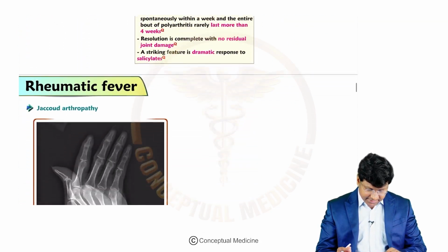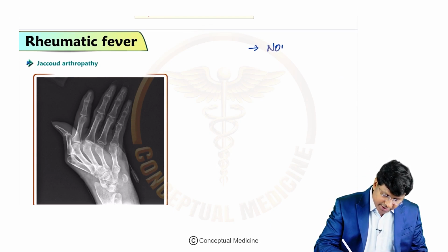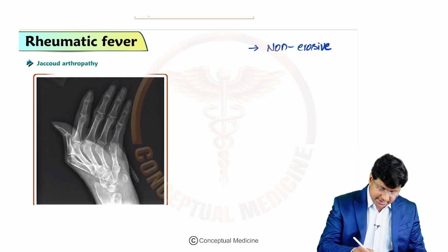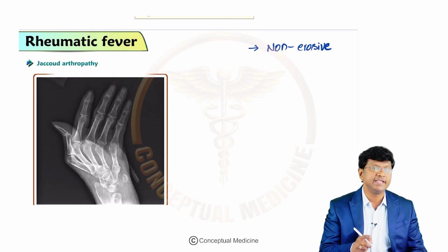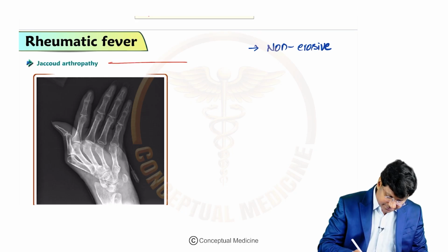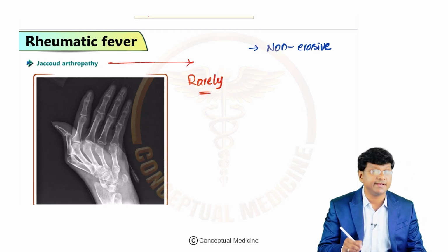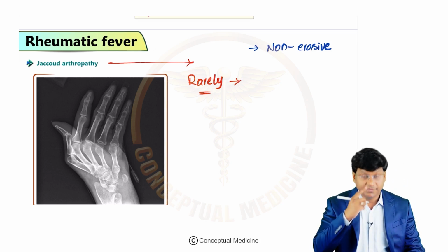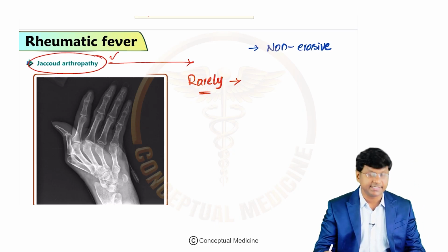And the arthritis what you will have in rheumatic fever is non-erosive arthritis, but rarely the deformity can happen, and that particular deformity we call the Jaccoud's arthropathy or Jaccoud's arthritis, right?